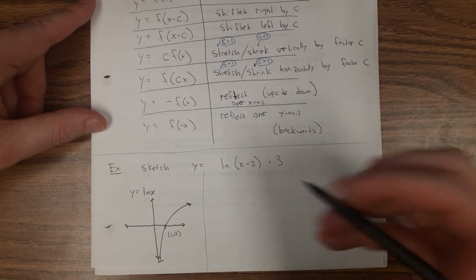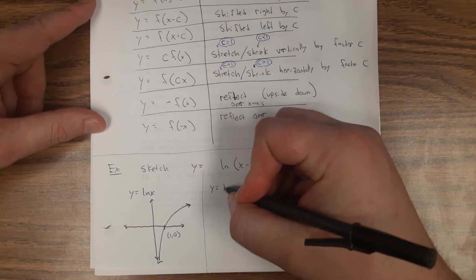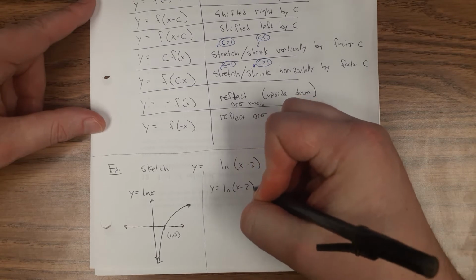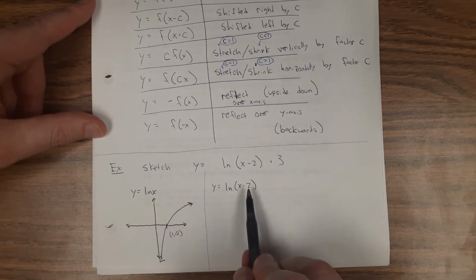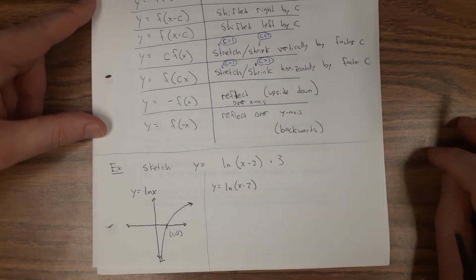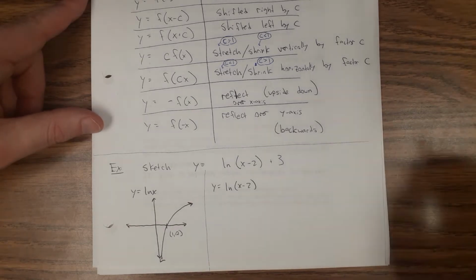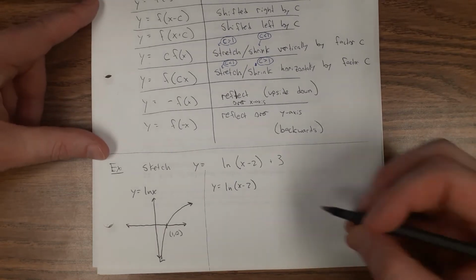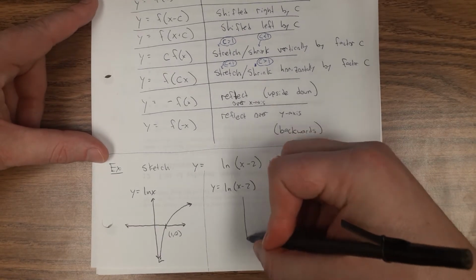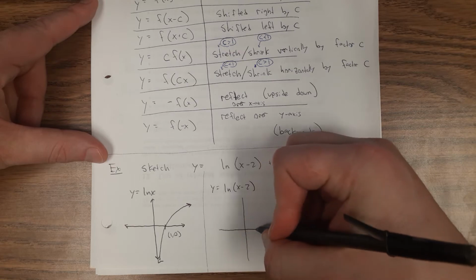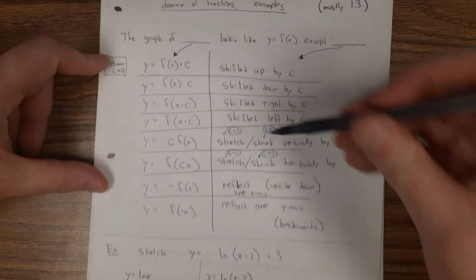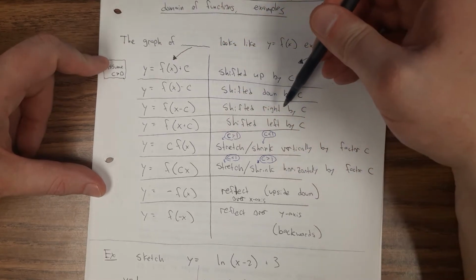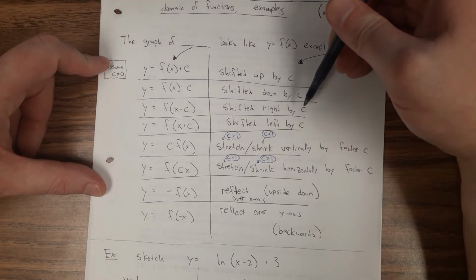And I don't have to do this all at once. I can take care of one thing at a time. So maybe next I'll just graph this one. I won't have the +3. Of course, I need the +3 in the very end, but I don't have to do that just yet. What does this do? Since the -2 is in parentheses, this is a shift to the right by c.